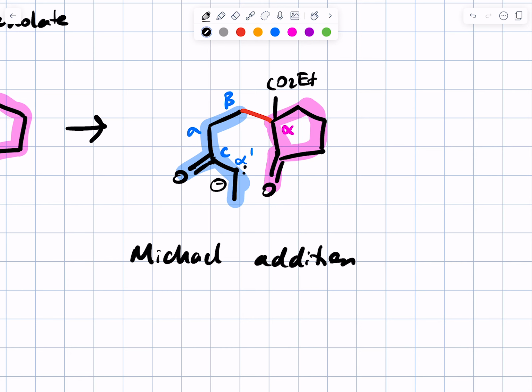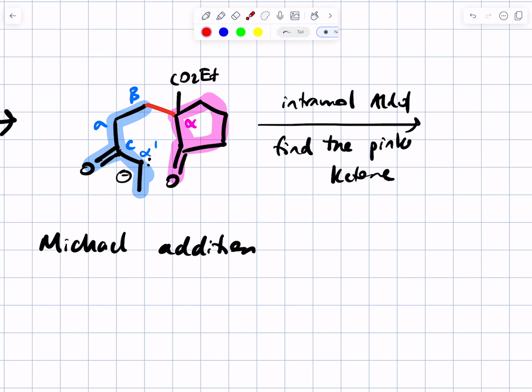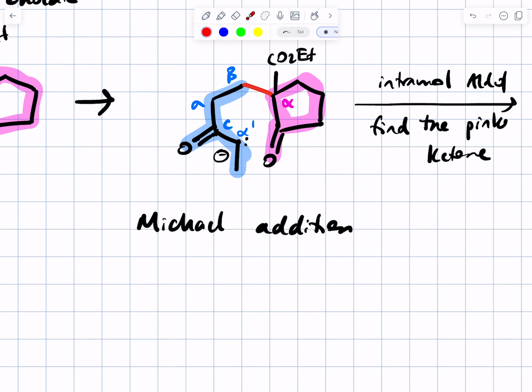So in the second step of the Robinson annulation, the intramolecular aldol step, you need to find the pink ketone, meaning you find the portion of the molecule that was your nucleophile in the Michael reaction, and you find the ketone portion, and that's going to be the one that's attacked. That's presented here without justification. I haven't thought it through well enough to give you a good answer, so I apologize for that.